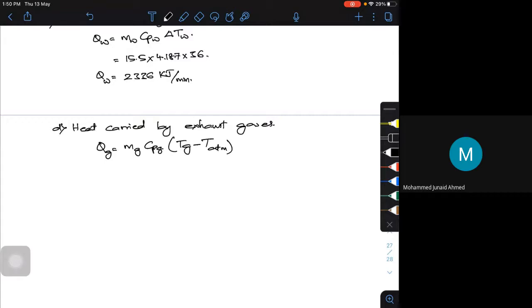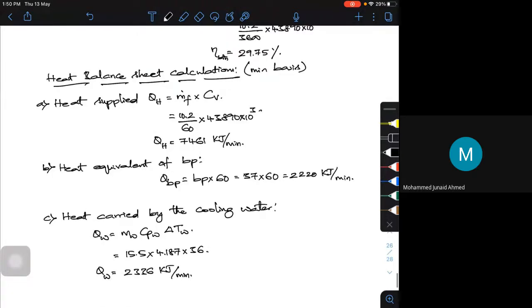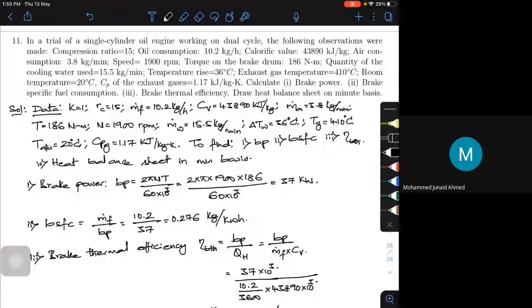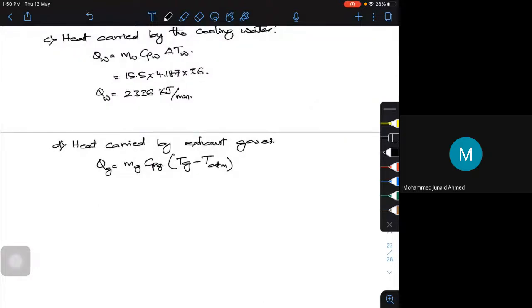So the fuel is 10.2 kg per hour, so 10.2 divided by 60, plus mass of air. If you go and see here, mass of air is given as 3.8 kg per minute directly. So mass of gas is equal to mass of air plus mass of fuel: 3.8 plus 10.2 divided by 60.